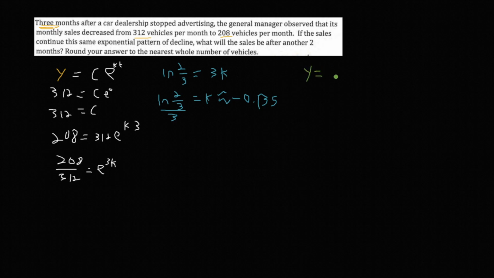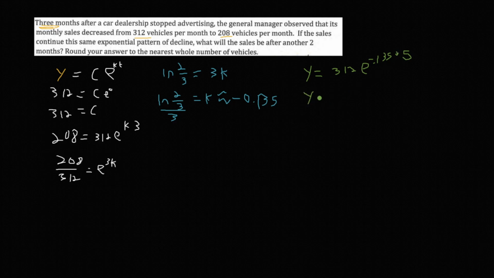So we need to find our sales now, but we have the other information. So C is 312 from our initial condition. And next up, we do our e to the negative 0.135, because this is k times t, which is 5.